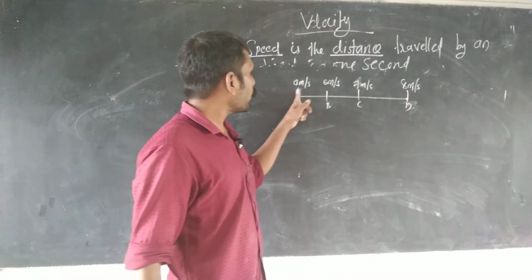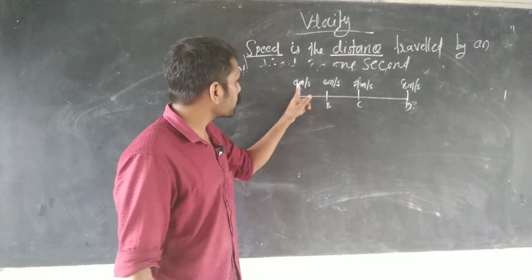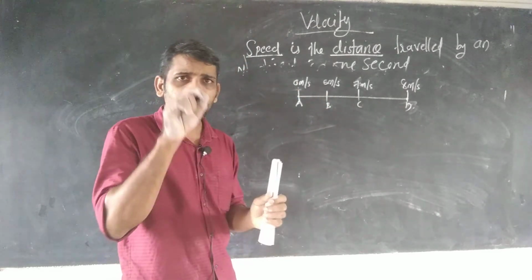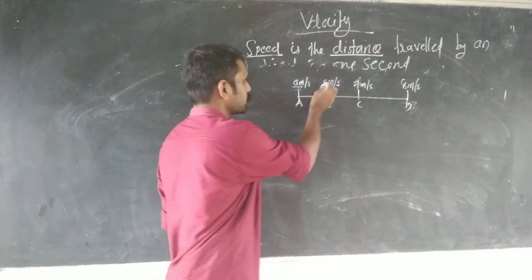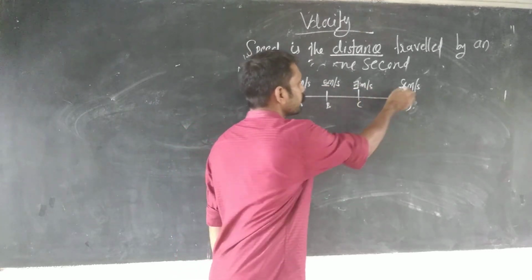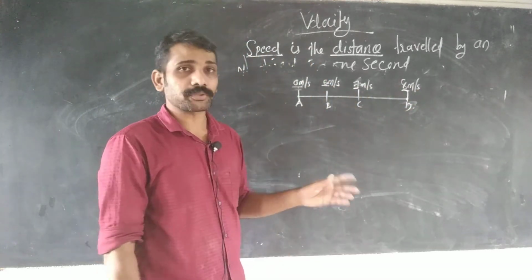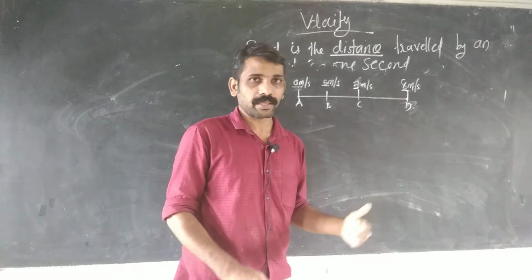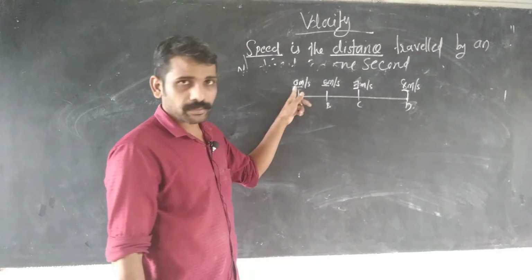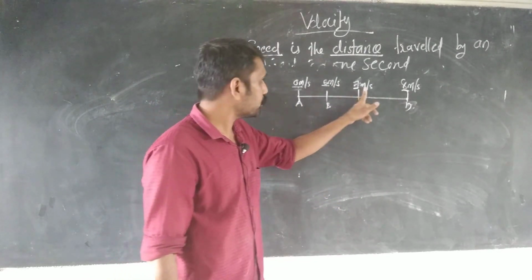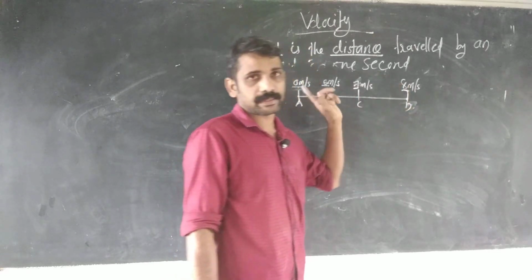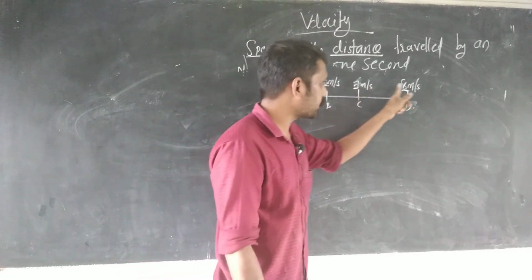So here velocity is changed. Magnitude, the value, is changed. 0, 5, 7, 8 are the magnitudes. Here magnitude is changed.